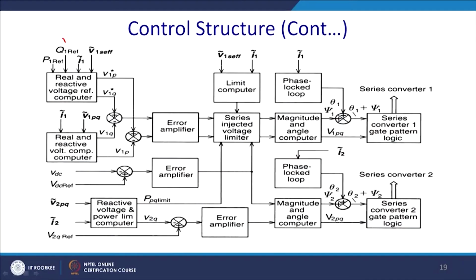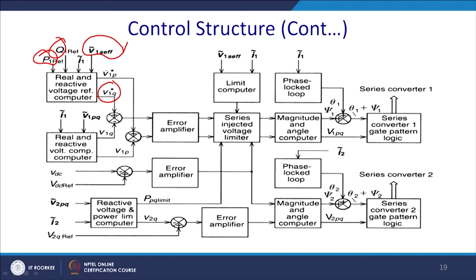So, see that this is a control block diagram of the IPFC. This is Q1 ref and P1 ref, and this is I1 delta, and effectively this one is the effective sending end voltage, that is V1 effective, and from there you will compute the in-phase component of the voltage injection and the quadrature component of the voltage injection, that is essentially V1P star and V1Q star.